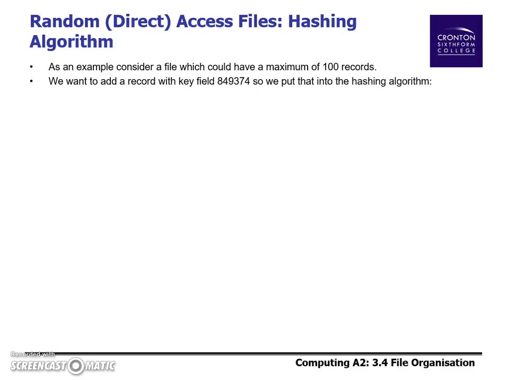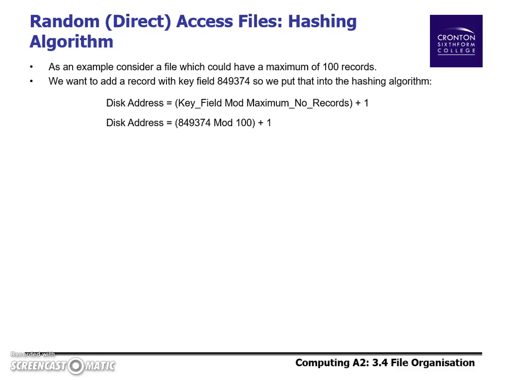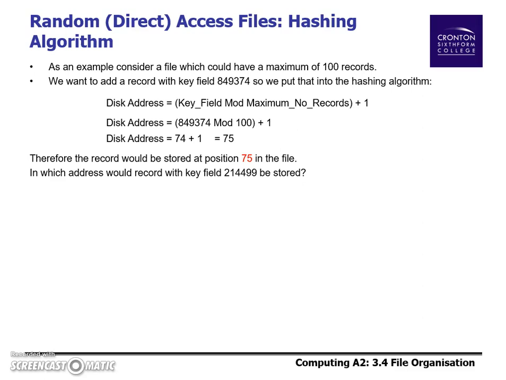We want to add a record with the key field 849374 into the hashing algorithm. So we have disk address equals 849374 mod 100 plus 1. That would give us 74 plus 1, which equals 75. Therefore, the record will be stored at position 75 in the file.